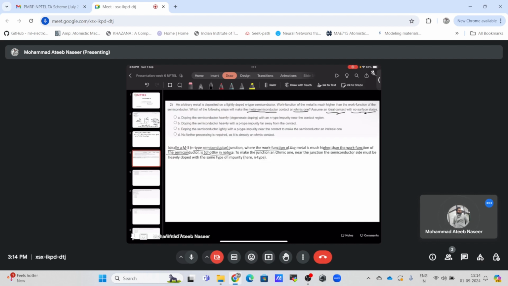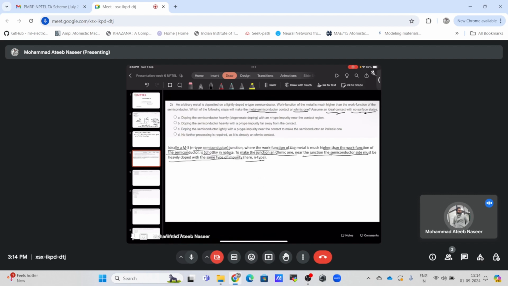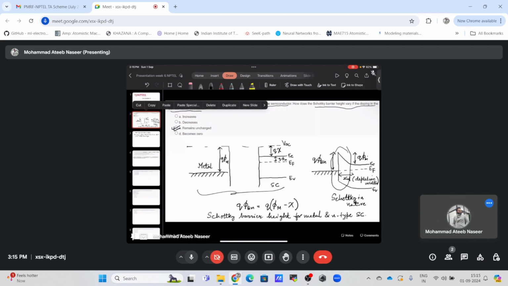Now, in order to make this junction ohmic, we have to dope the semiconductor heavily with the same type of impurity. For example, since this is n-type, we have to dope it n-type heavily.